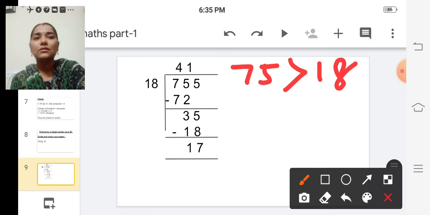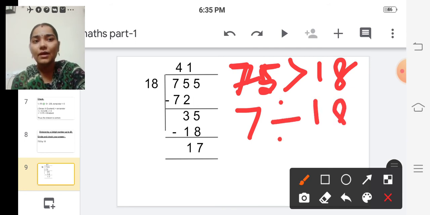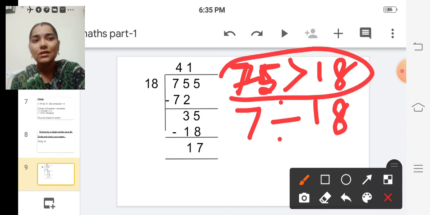First we have to check this, students. Suppose there is only this 7, then can we divide 7 by 18? No, it is not possible, isn't it? So first we have to check that 75 is greater than 18.